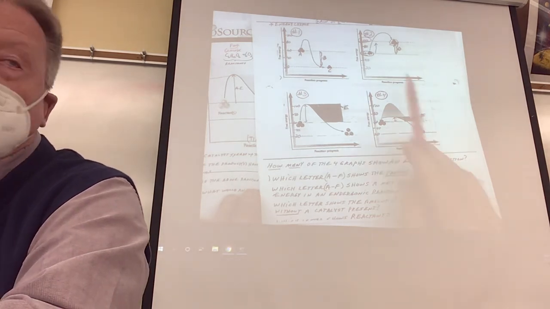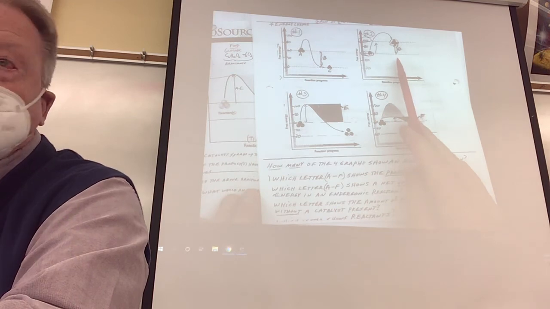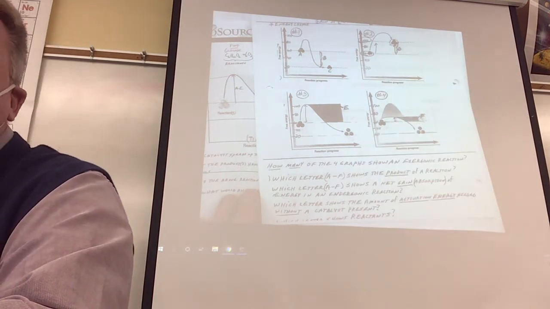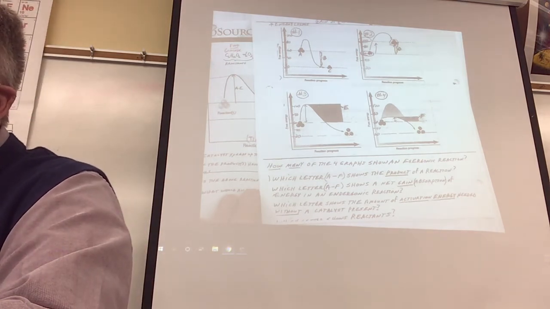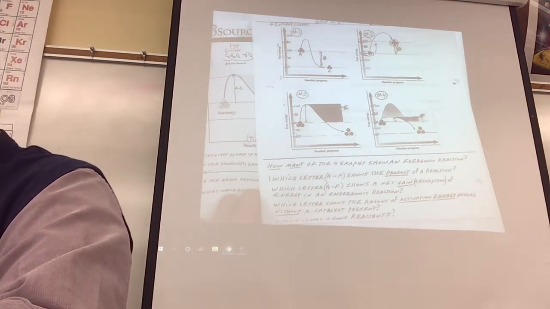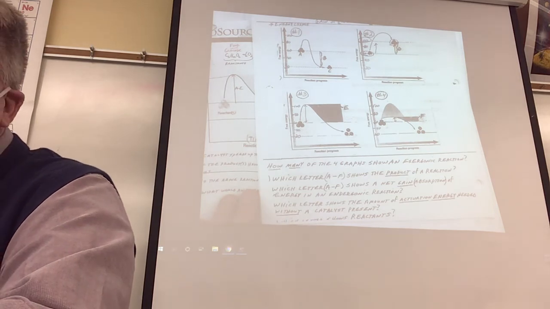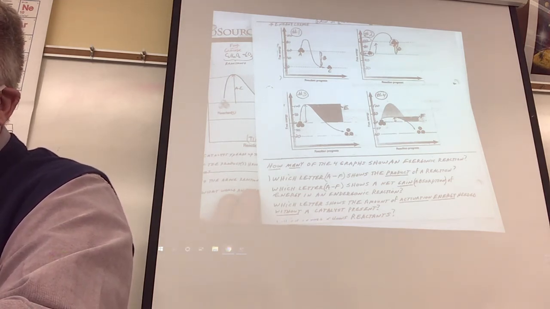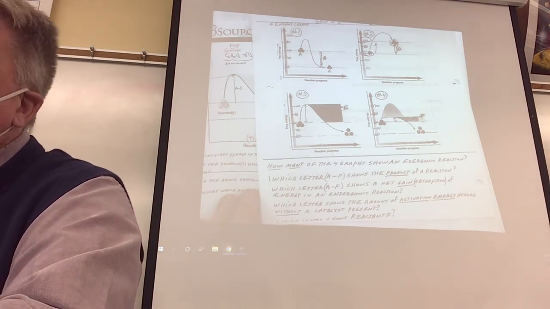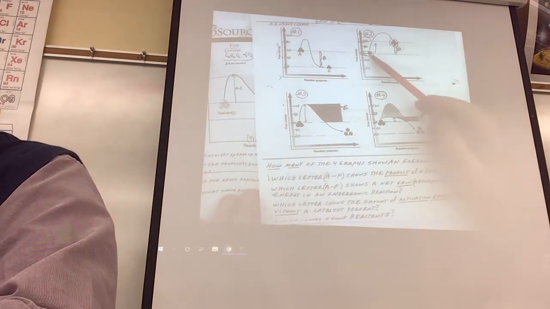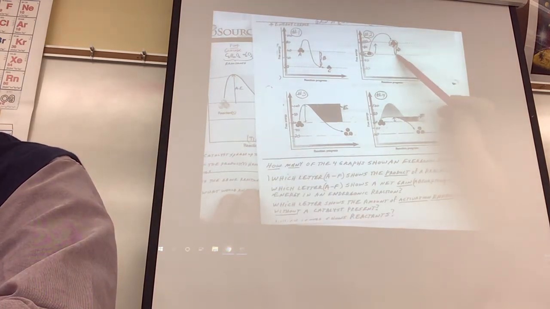There's only one that isn't. Who's ready? Leilani, what do you got? B as boy or D as dog? D, dog. How many people said D? You are correct. Because if the reactant started at this much energy and the products end at this, that was the net gain of energy.